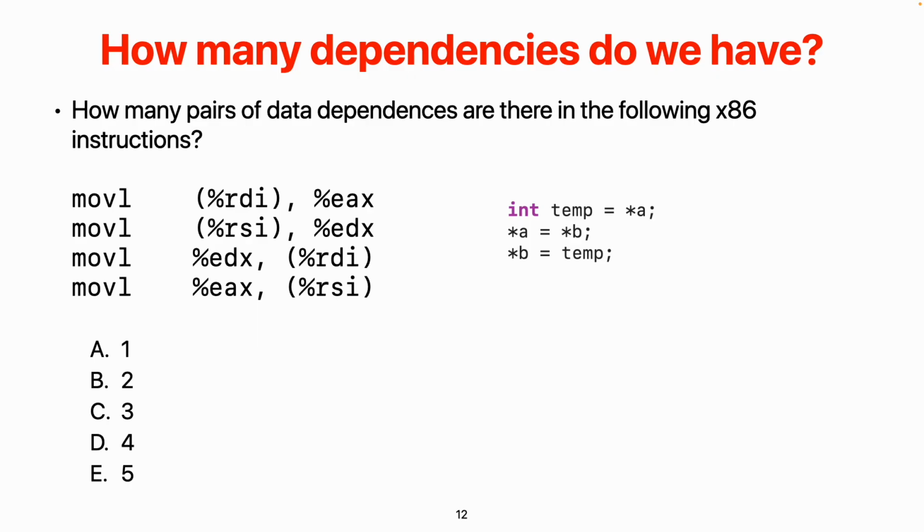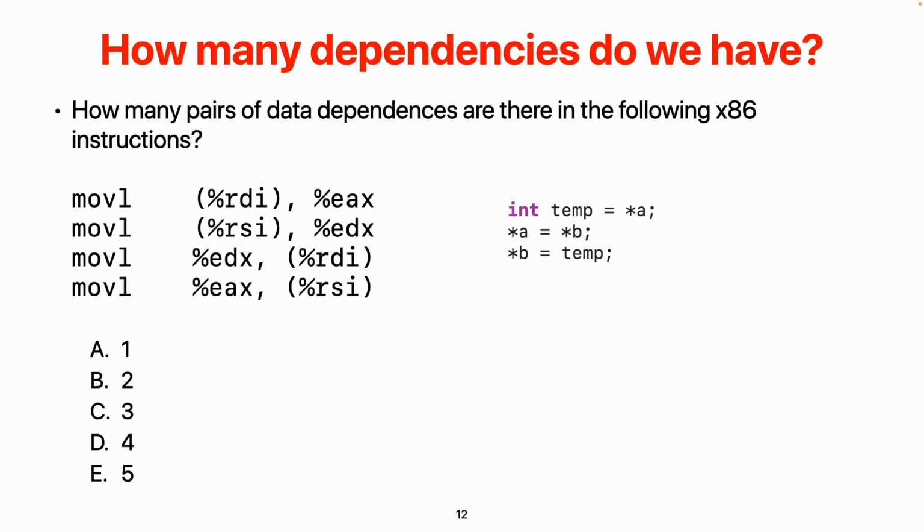Okay, so the data dependency comes from the fact that a later instruction's input is the output of an earlier instruction. So let's check each instruction. For the first instruction, what's the input? RDI.